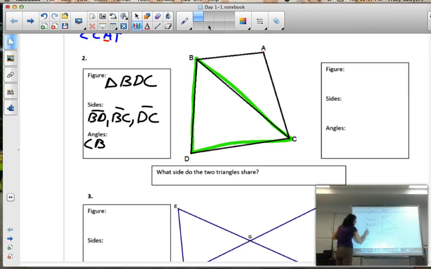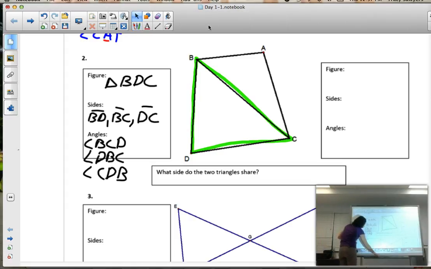Okay, now how about the angles? Angle BCD? Okay, angle BCD, good. Somebody else give me another one, raise your hand. DBC, okay, DBC, that's a D. Good with that?